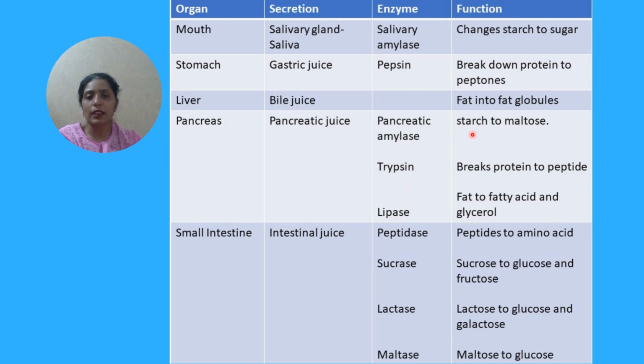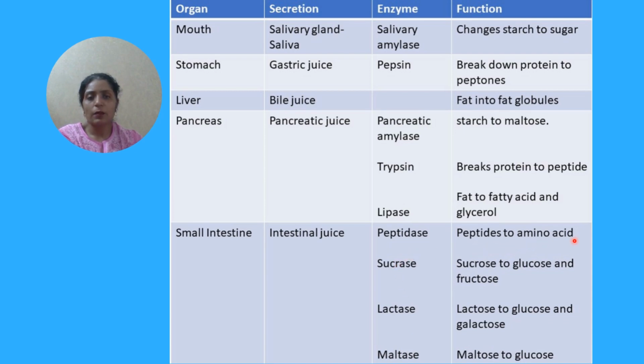Pancreatic amylase converts starch to maltose, trypsin breaks down protein to peptide, and lipase converts fat to fatty acid and glycerol. Also, small intestine secretes intestinal juice which contains peptidase, sucrase, lactase, and maltase.